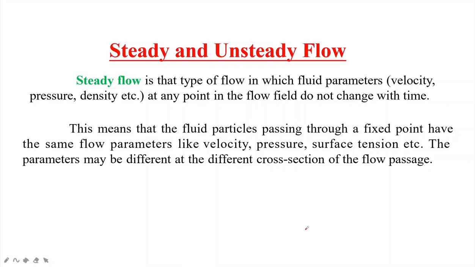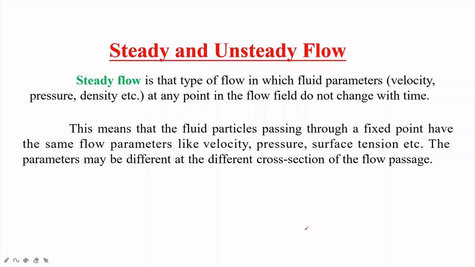Thus, for steady flow, the fluid particles passing through a fixed point have the same flow parameters. Every fluid particle will have the same velocity, pressure, surface tension, etc. The parameters may be different at different cross sections, but at that point of flow the parameters are the same.